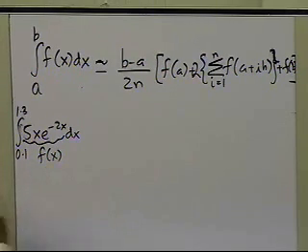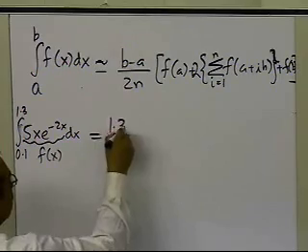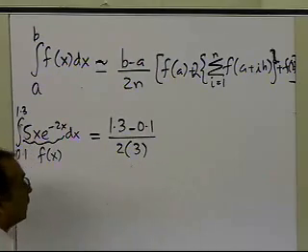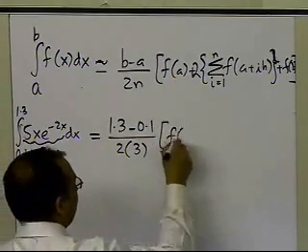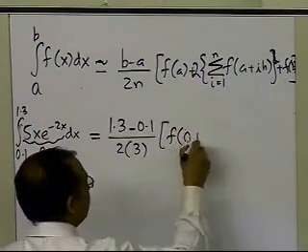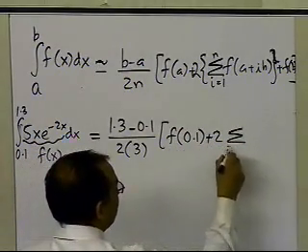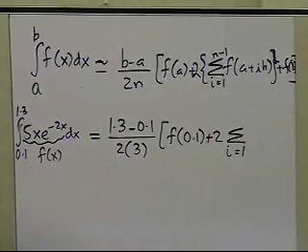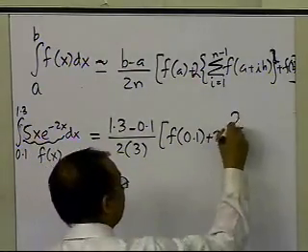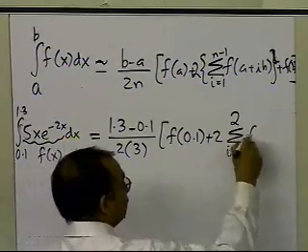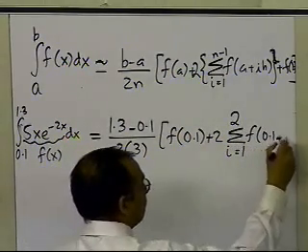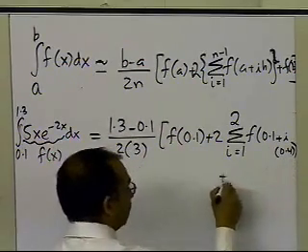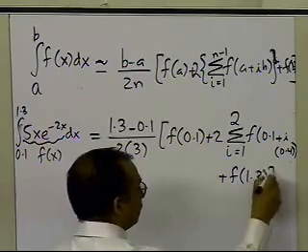I get b minus a, which is 1.3 minus 0.1, divided by 2 times 3, because n is 3, times the value of the function at a, which is 0.1, plus 2 times the summation from i equal to 1, and there should be n minus 1 here, sorry, so n minus 1 is the upper limit. Since n is 3, this will become 2, of the value of the function at a, which is 0.1, plus i times h, which is 0.4, plus the value of the function at b, which is 1.3.